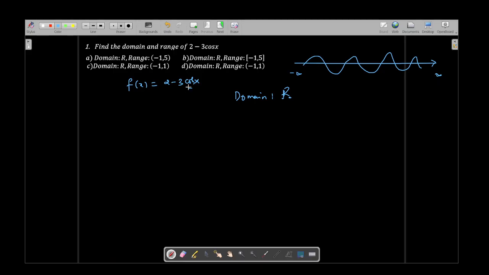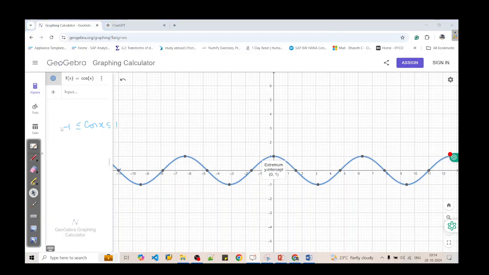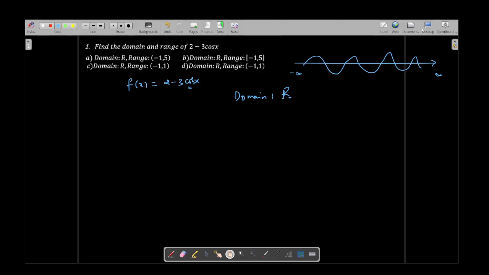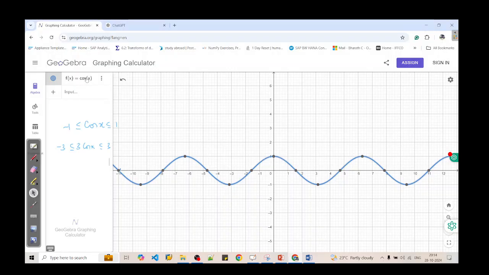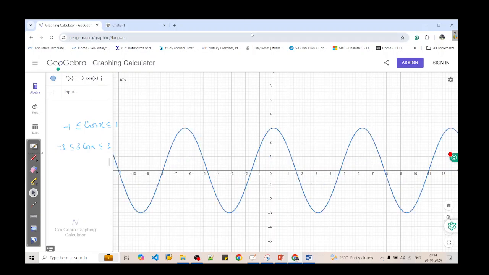So now I need to find it for 3 cos x. Let us put 3 cos x here. This becomes minus 3 to plus 3. You can see the range is changing, this is the minus 3 value and this is plus 3.